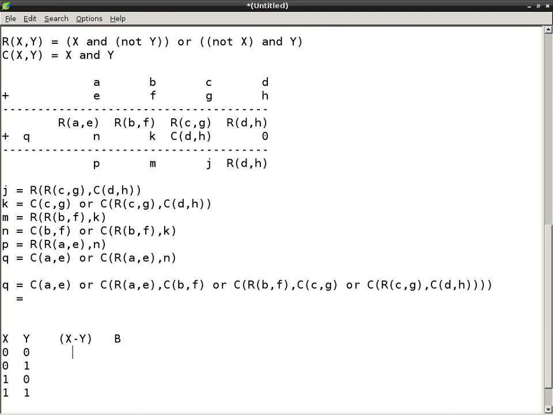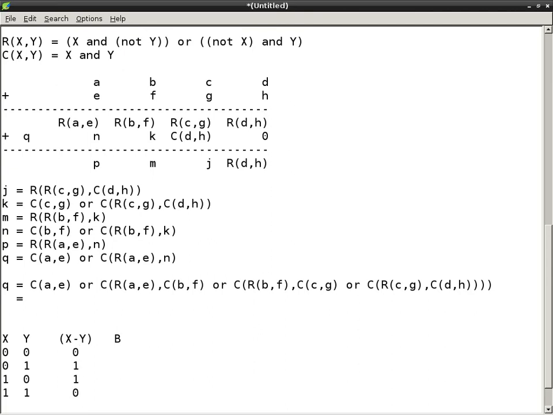Let's look at the result of the subtraction. And remember, this is from the perspective of a multi-column subtraction. 0 minus 0 is 0. What about 0 minus 1? It's a 1. Very good. 1 minus 0 is a 1. 1 minus 1 is a 0.